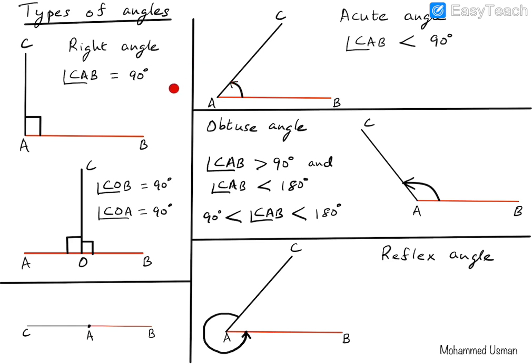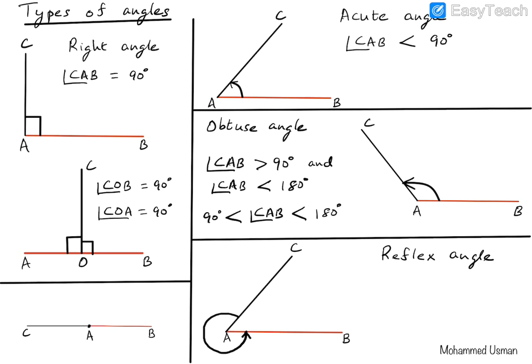But the angle that is formed on the outer part of these two lines, that is called the reflex angle, which is what is seen here. So what you have inside here is the acute angle, and what is on the outer side of this, that's called the reflex angle. So the reflex angle is going to be between 180 degrees and 360 degrees. It will be greater than 180 degrees and less than 360 degrees.